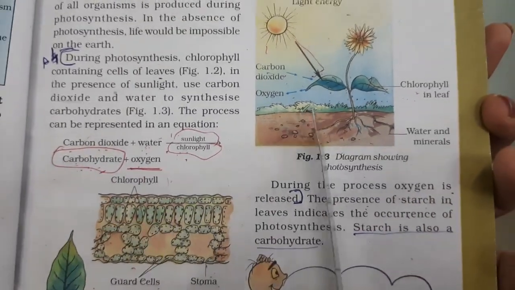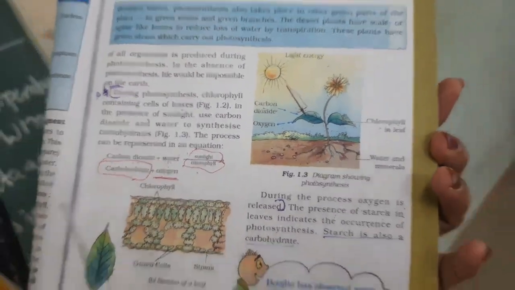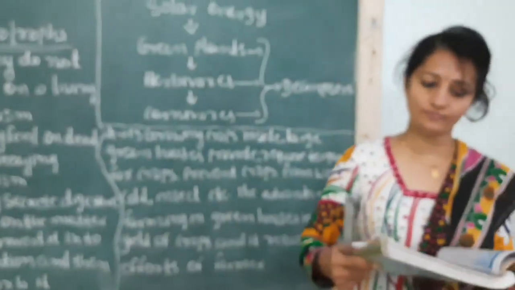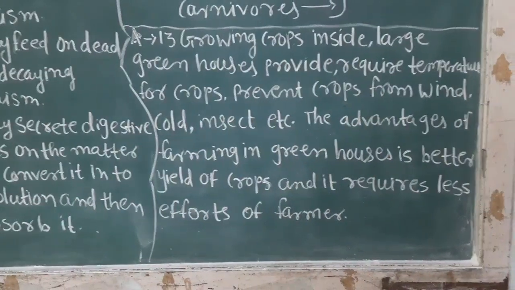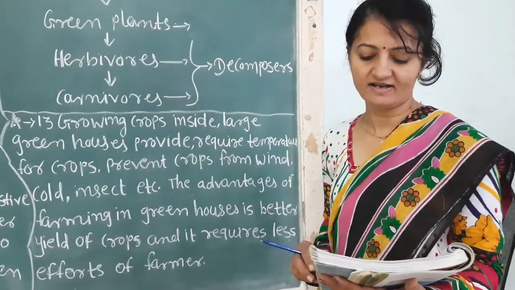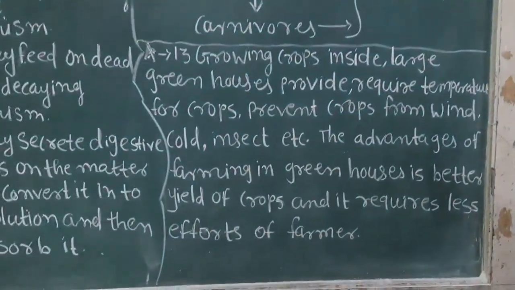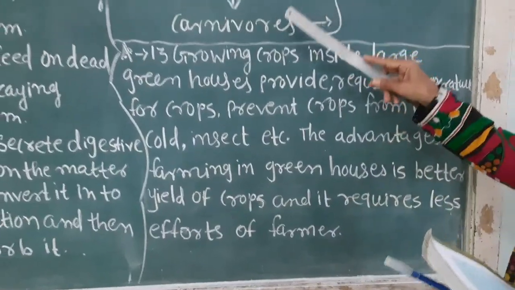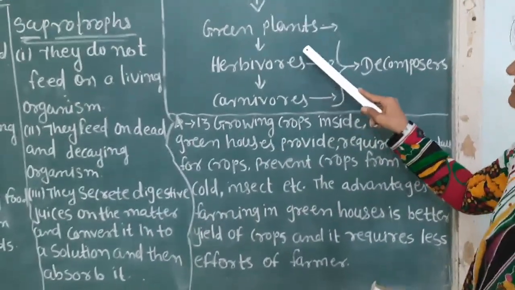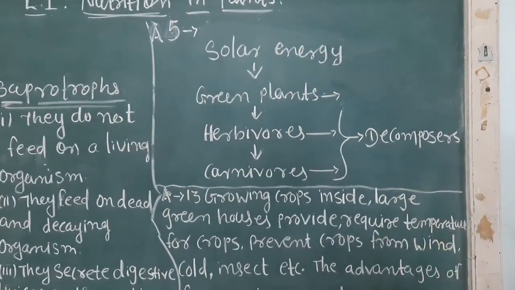Students, no need to draw both of the pictures. You just write all the points in your notebook. This is the answer of 4. Now question 5. With the help of a sketch show that plants are the ultimate source of food. I made the sketch here. देखो, carnivorous, herbivorous, green plants, solar energy, and then last decomposition.